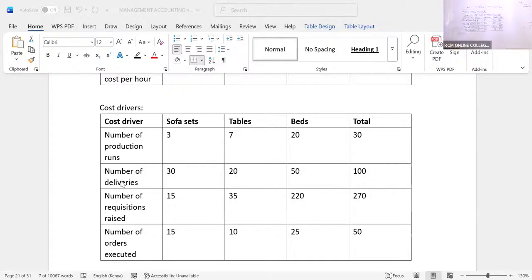And then, of course, there shall be other additional cost drivers, most probably machine hours, labor hours. So for you to see whether there are additional cost drivers, go back to the overhead items you are given.